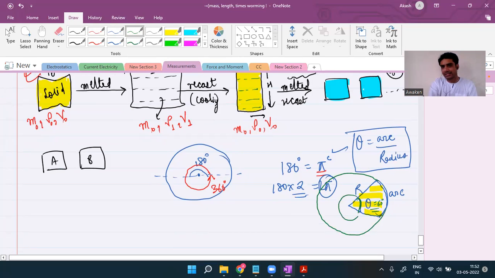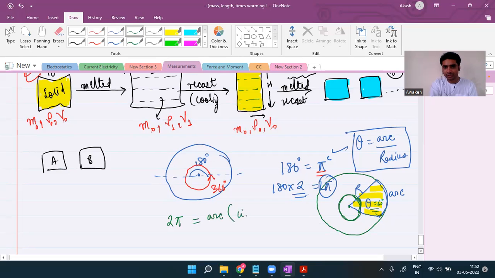This whole angle is 360 degrees, that is 2 pi. It would be a complete circle. So if I write theta as 360 degrees or 2 pi, this should be equal to arc length upon radius.